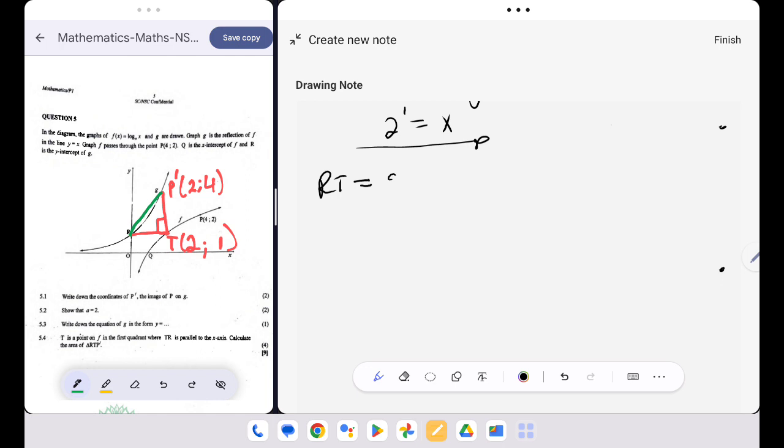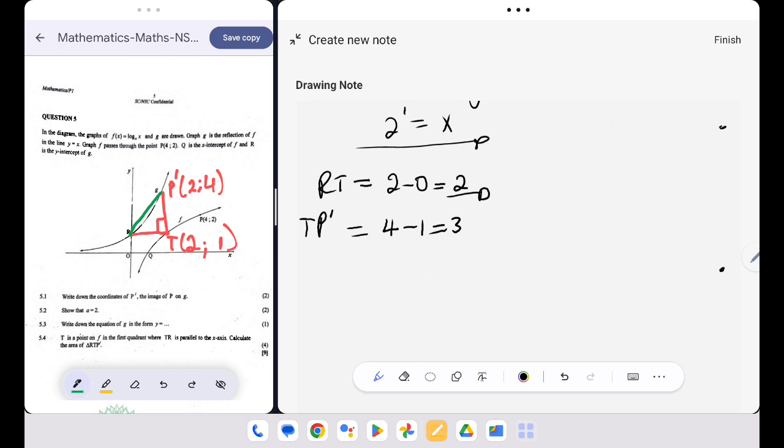RT will be 2 minus 0, because for a horizontal line, you just need to subtract the x values, since the y values are the same. And then for the vertical distance, or the height, which is T and the image of P, it should be 4 minus 1, which is 3 units.